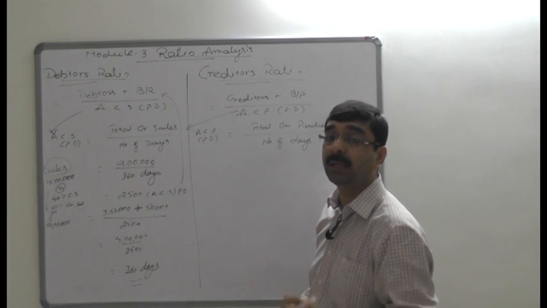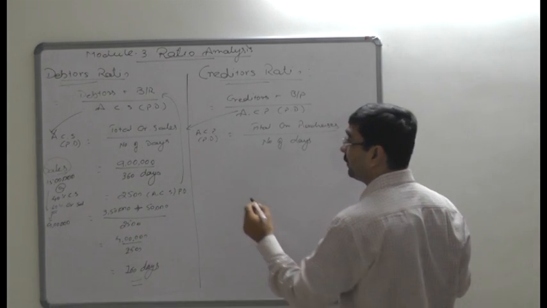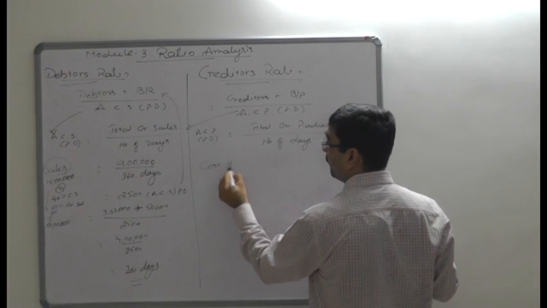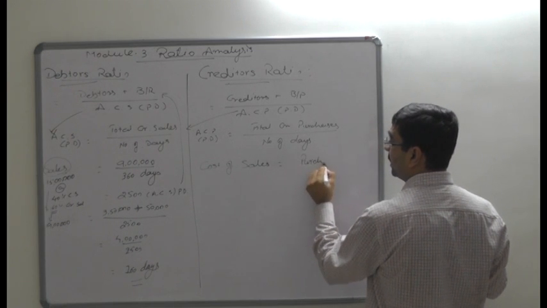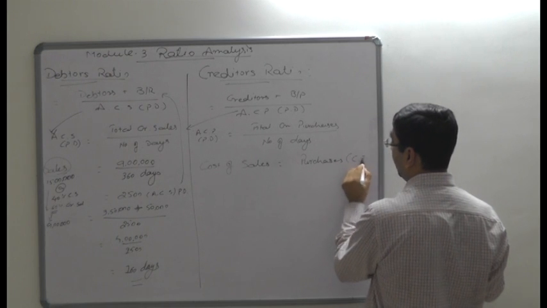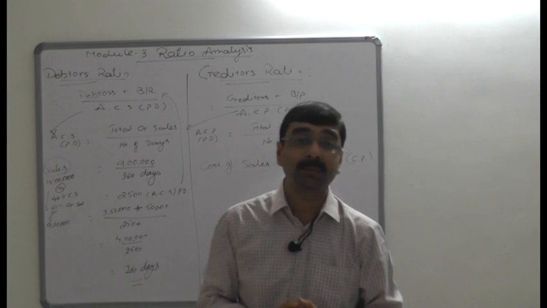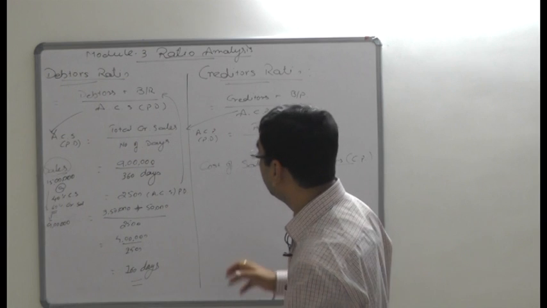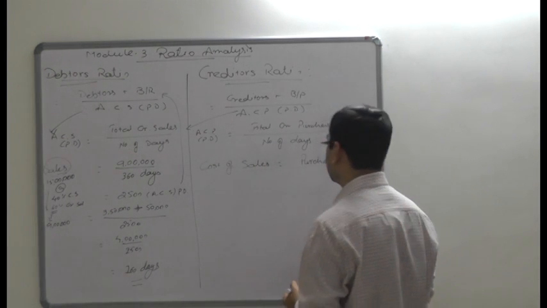So how can you determine the purchase if the item is missing? At that point you can apply one simple logic: the cost of sales is equal to purchase, and that purchase would be considered a credit purchase. So if the purchase is not available, whatever cost of sales is given is considered equal to purchases.